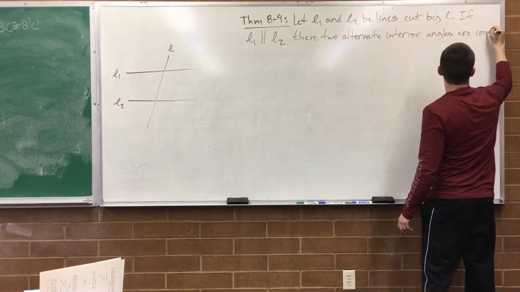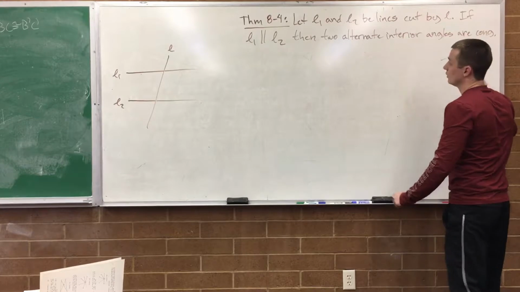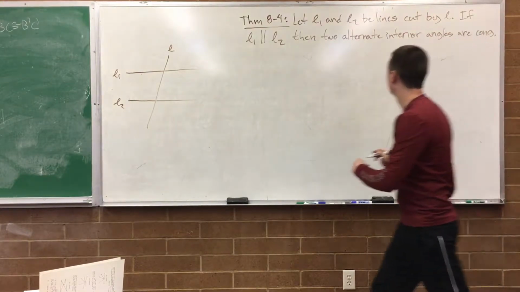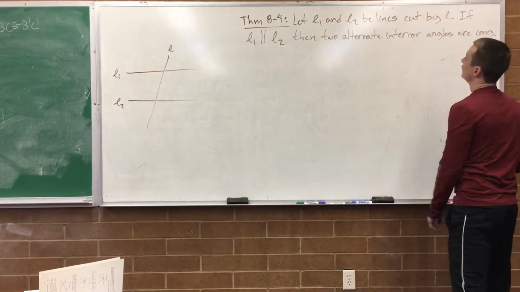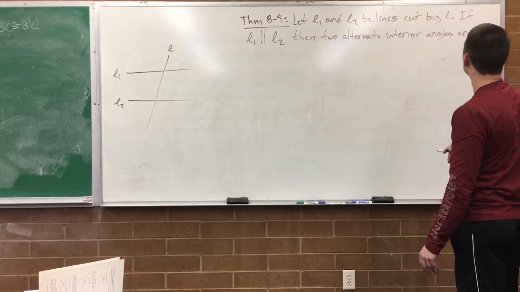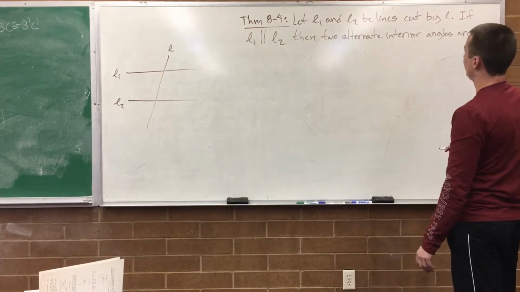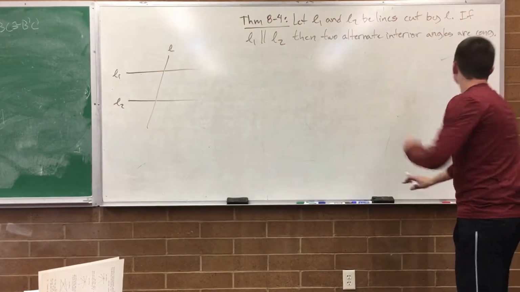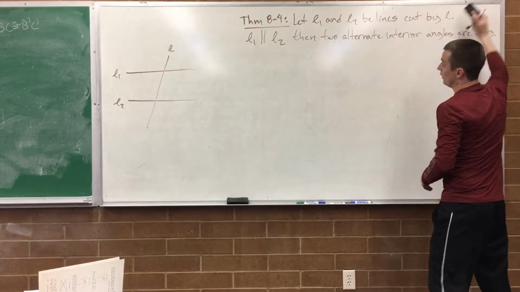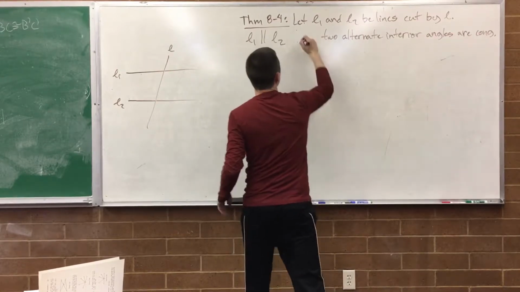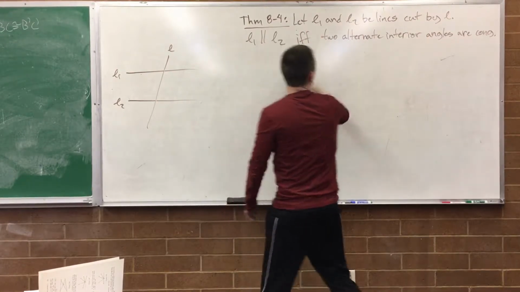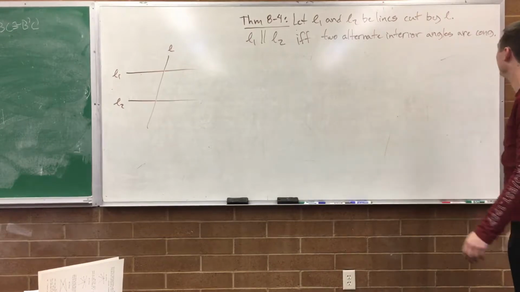Are congruent. And it says conversely. So replace our wording: L1 is parallel to L2 if and only if the two alternate interior angles are congruent.